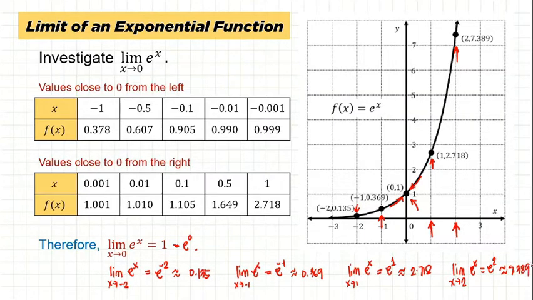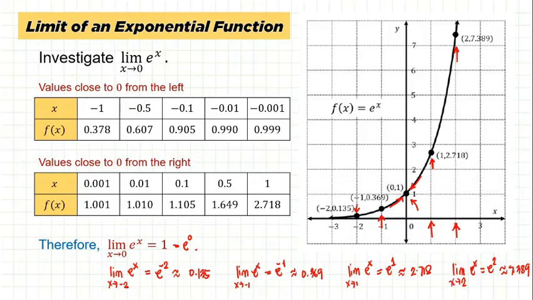Therefore, if we are given the function e to the x, we can evaluate the limit by direct substitution because the limit of the function and the value of the function are the same.